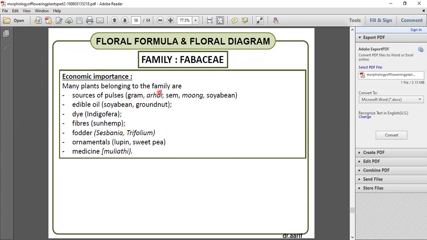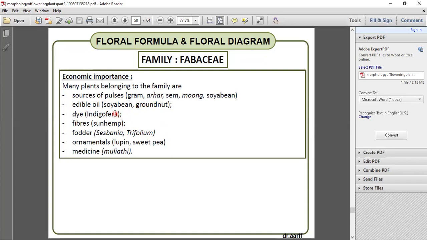All of these fall under the category of pulses. Apart from that, they can be edible oils. For example, soybean and groundnut, both of them are in this family, and they can be a very good source of oil.